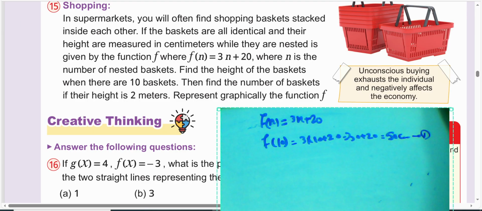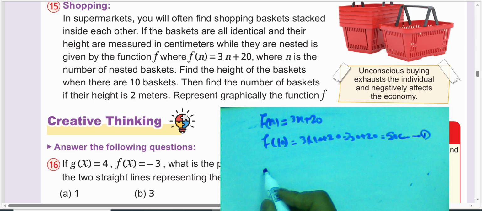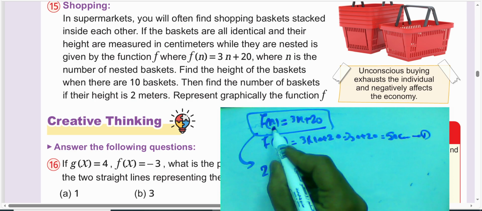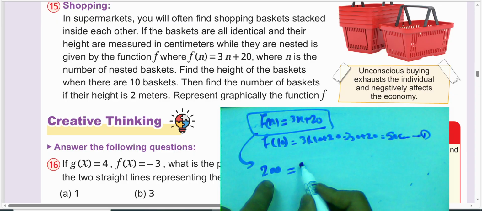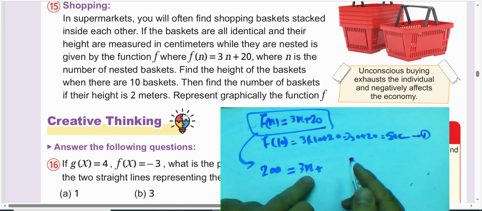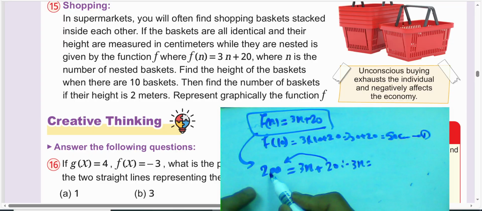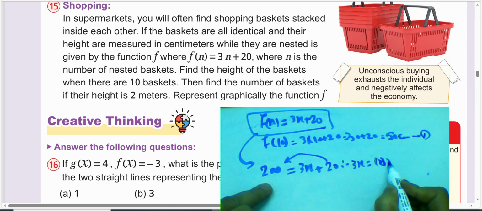And then find the number of baskets if the height is 2 meters. 2 meters means 200 centimeters. Then question number 2, the opposite: f of n equals 200 centimeters equals 3n plus 20. Then 3n will be equal to 200 subtract 20, which is 180.